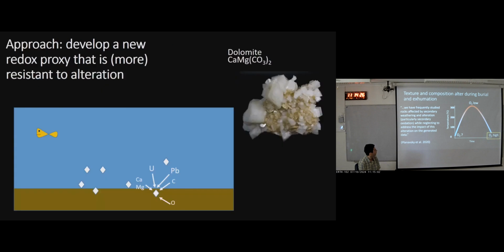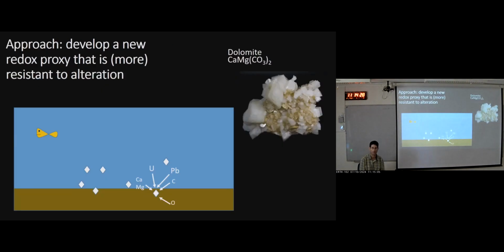Okay, so what are we going to do about it? We're going to develop a new proxy that is, first of all, new, so it's always good to have more proxies, but more importantly, it's going to be more resistant to alteration, and specifically to this final stage of exhumation from depth.